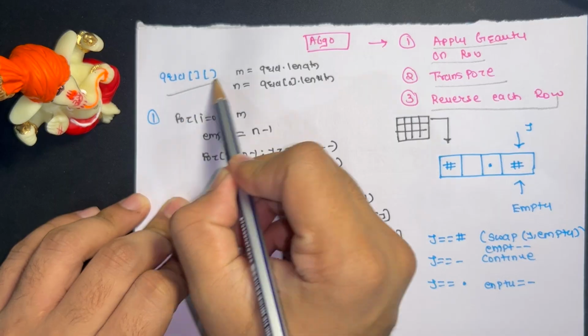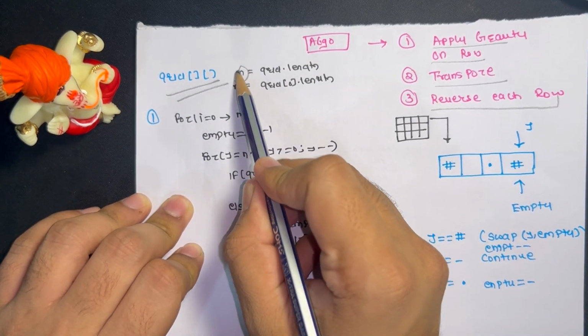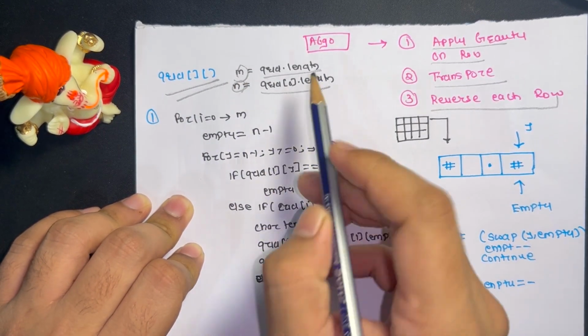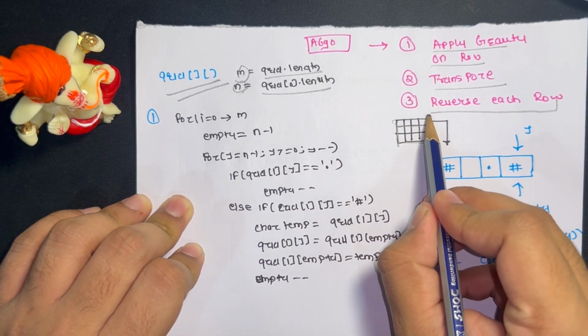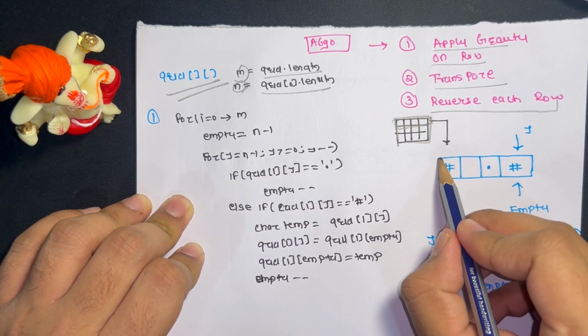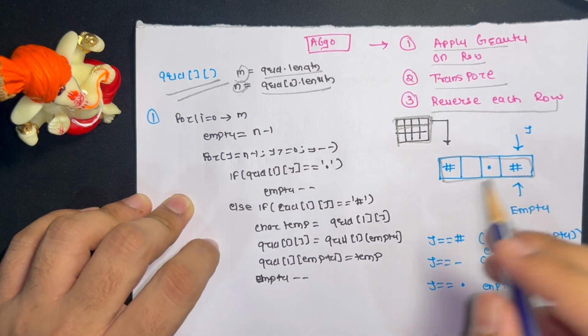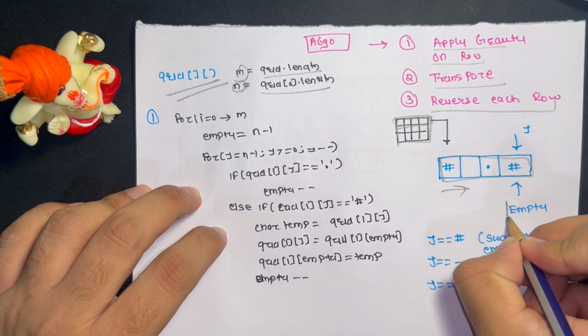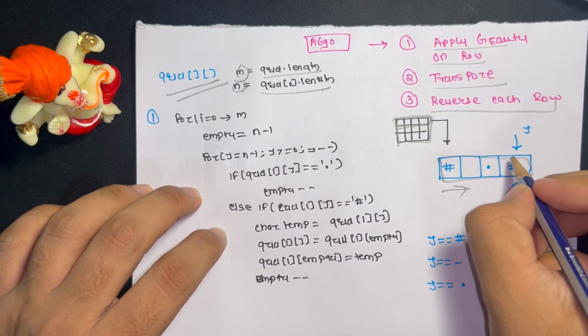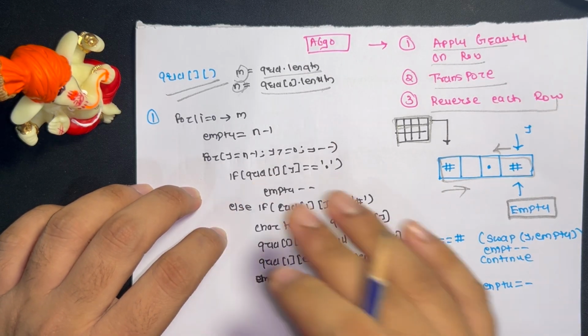So we have been given a grid. Okay, m is the grid length and n is the column length. Consider this grid, consider we are taking this row out. Now we have to apply the gravity on the right, on the row side. So we will take an empty pointer and we will iterate in the backward direction.